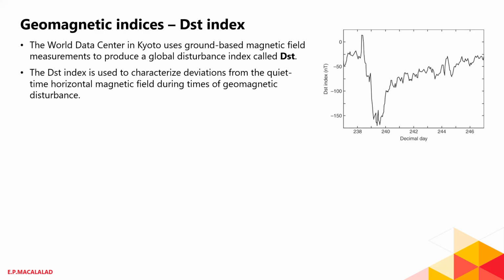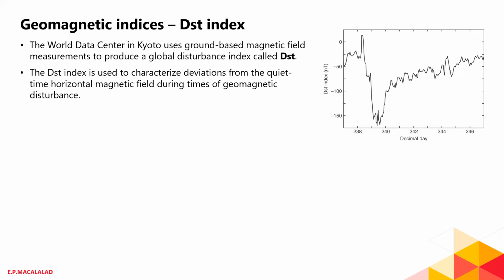So the Dst index, as I mentioned before, is used to characterize deviations or changes in the quiet time horizontal magnetic field. So remember, at the equator, the majority of the magnetic field is along the horizontal. So along the equator, if you want to know the disturbance in the equatorial magnetosphere or equatorial geomagnetic field, we look at the Dst index.